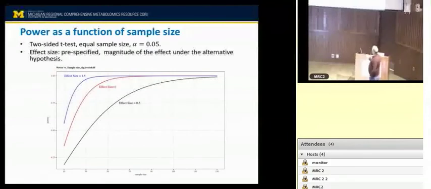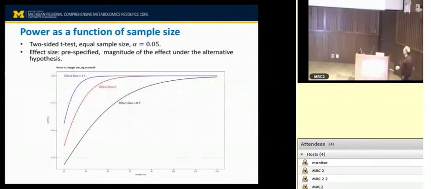And there are a lot of quantities that go into this type of calculation. Whether the two groups are equally sized, otherwise some of these curves shift a little bit, but the main effect is that if the effect size is weak, even if you had an equal sample size between the two groups, it is going to have the same ordering. The stronger the effect size, the power curves move to the left, and with a smaller sample size, you achieve the same level of power.